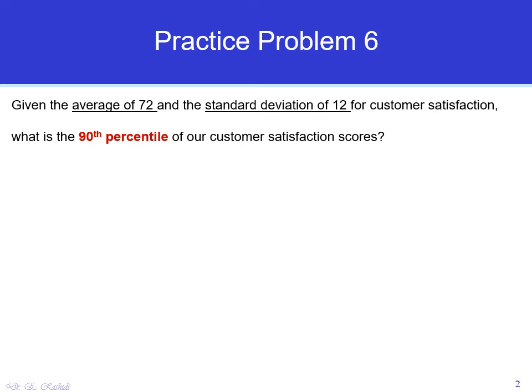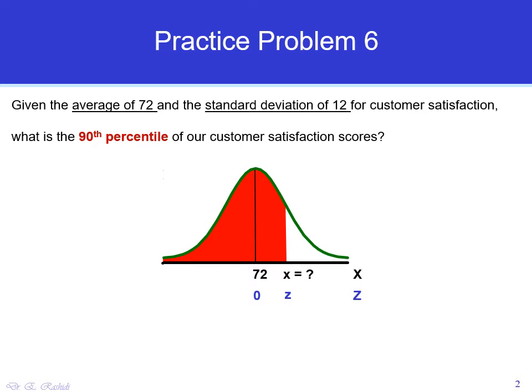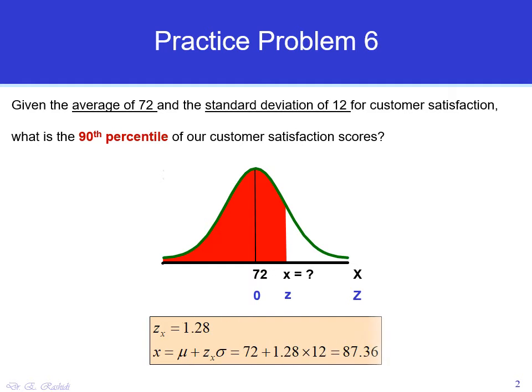We're going to follow the steps to solve this problem. We first find the Z of X and then plug it in the formula. Z of X, if you find it from the table for the 90th percentile, is 1.28.